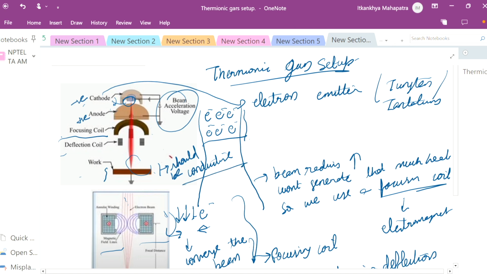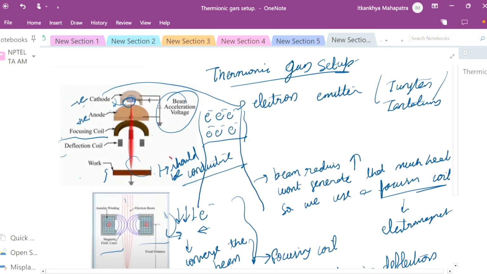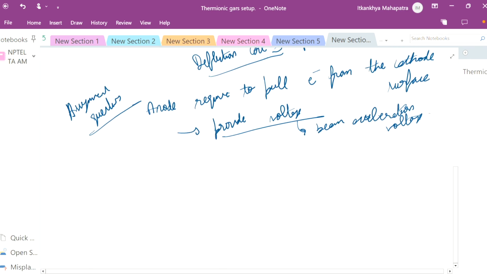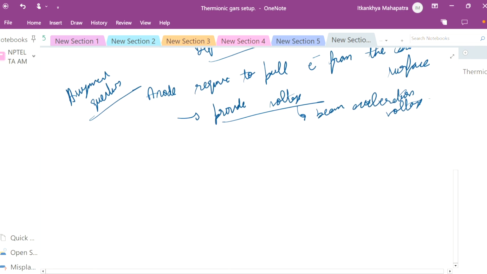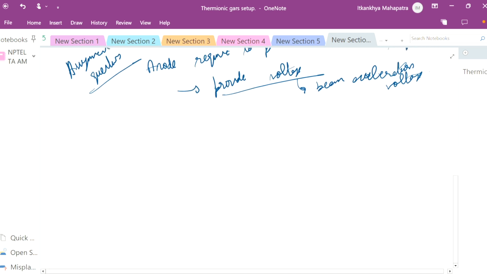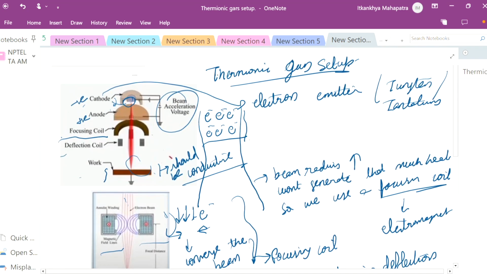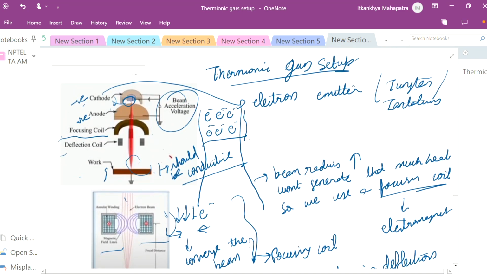So this is another requirement: in the electron beam process, we can only print metals because our workpiece needs to be conductive. Metals which are not that conductive, it's not possible to print with the electron beam method. So this was about the thermionic gun setup.